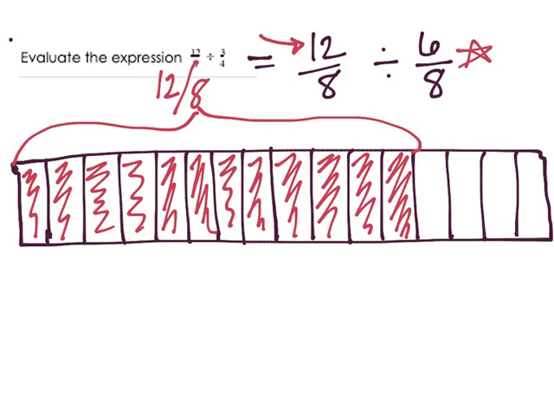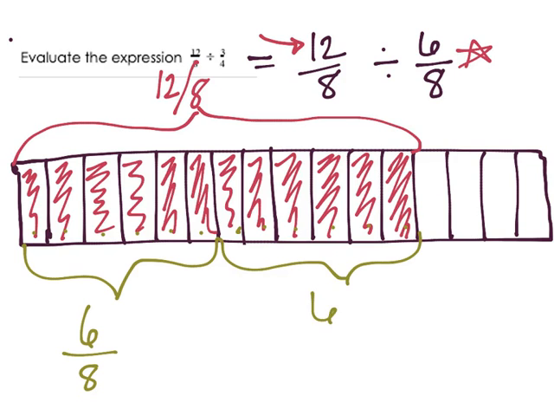I'm going to count 6 boxes: 1, 2, 3, 4, 5, 6. That is a group of 6/8. And then I have 1, 2, 3, 4, 5, 6. That's another group of 6/8.